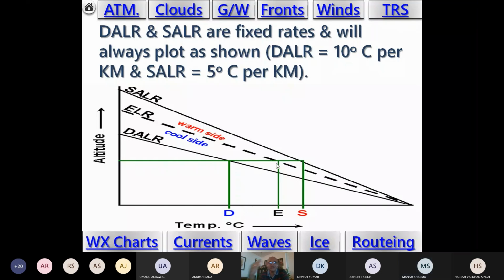So the other rules that you have to remember, any area on the graph between altitude on the y-axis and temperature on the x-axis, any area toward the right-hand side of the environmental lapse rate shown dotted is always the warm side. And therefore, the area on the left side of the dotted ELR is always the cool side.